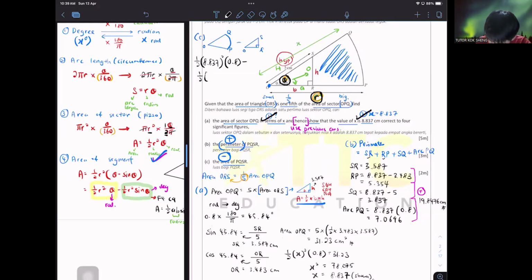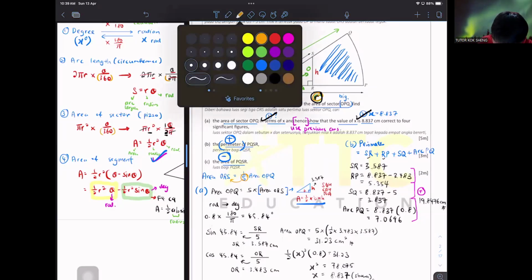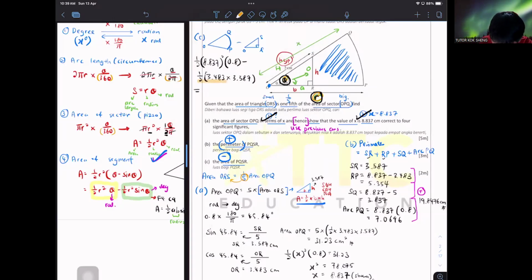We already found the answer for the base and height. Where is it? Base times height. So this part comes from here.